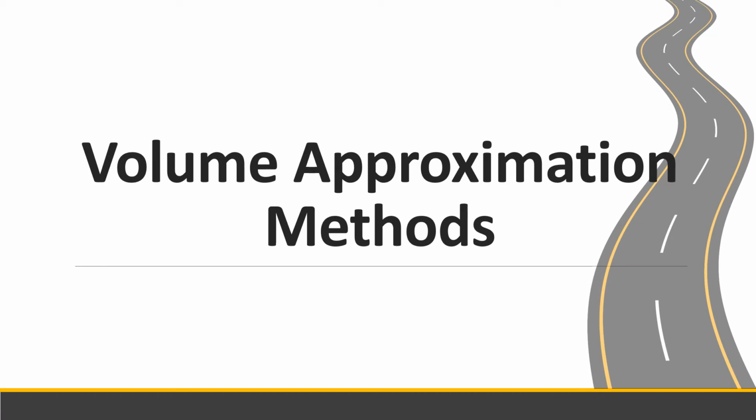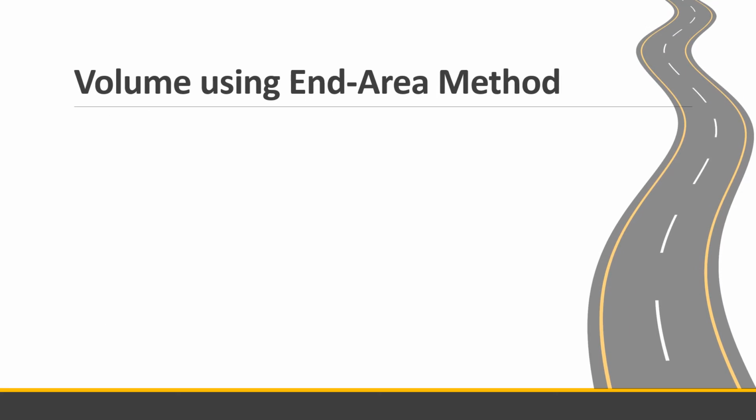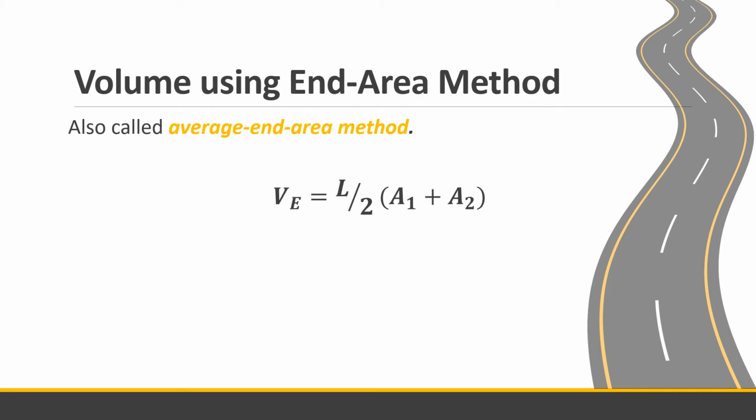So what are the volume approximation methods? First is volume using the end area method, also called the average end area method. It is simply the average of the two end areas multiplied by its length.